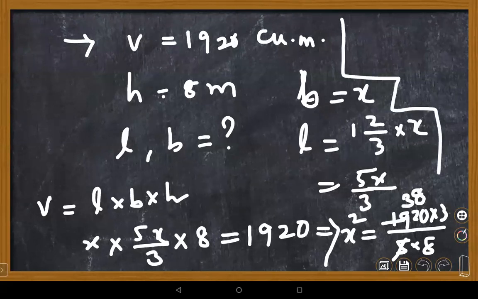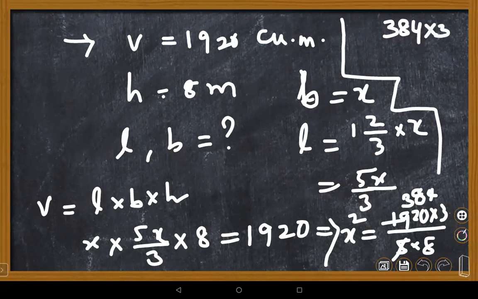1920 divided by 5 is 384. 384 multiplied with 3 divided by 8. Come on, students, please do the simplification. 384 multiplied with 3 divided by 8.